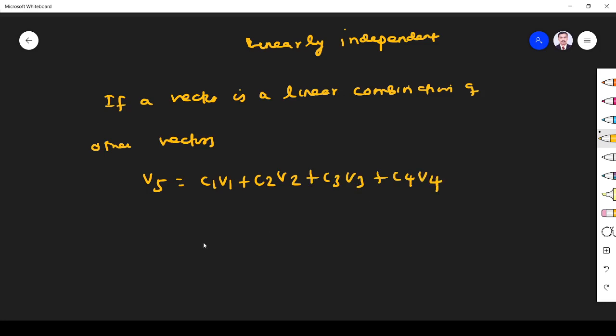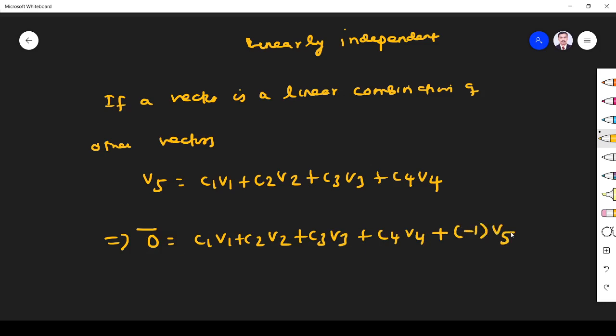So this implies I can write the zero vector as c1 v1 plus c2 v2 plus c3 v3 plus c4 v4 plus -1 v5. If I bring v5 to this side, this will become the zero vector. This is a very important conclusion.